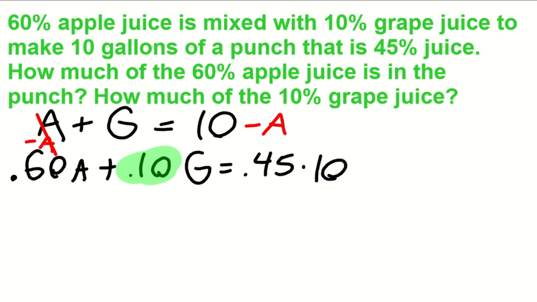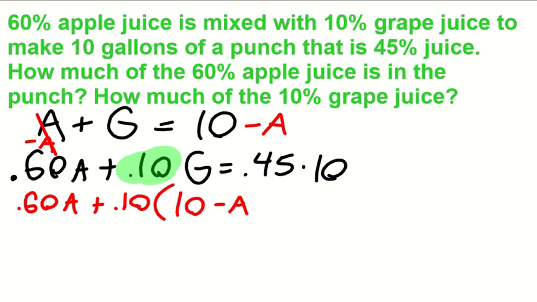So now we're going to substitute for G. So I got 0.60A plus 0.10 times 10 minus A equals, when I multiply that out, that is 4.5.